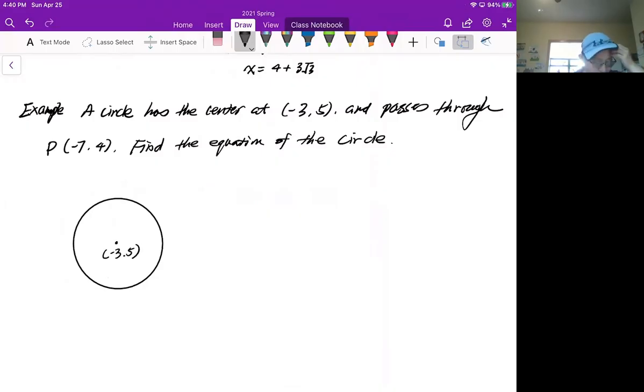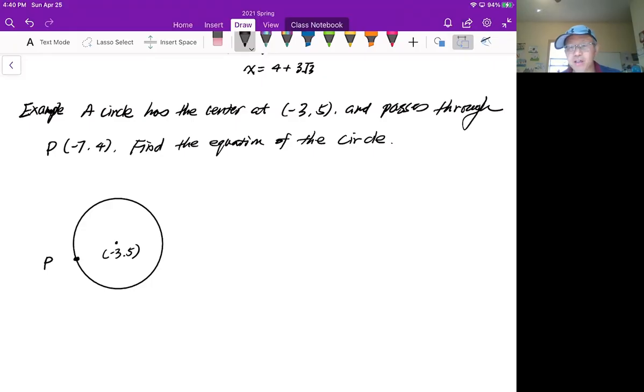And it passes through a given point, -7, 4, somewhere. Let me put that here, that's P. How do you find the equation of this circle?